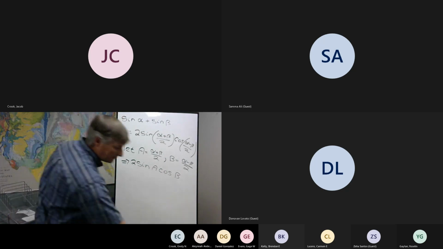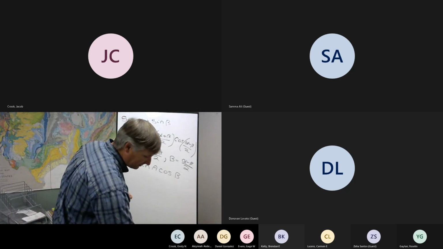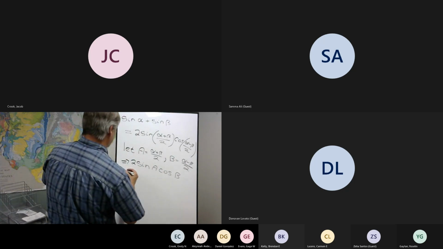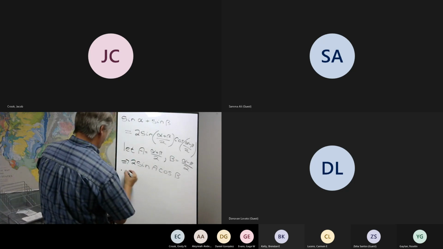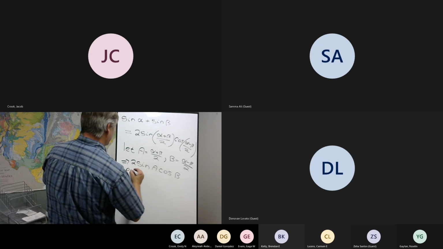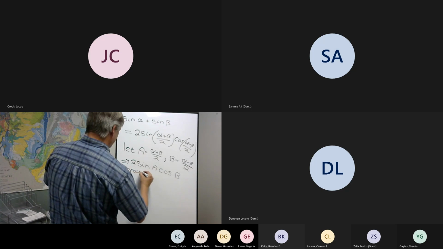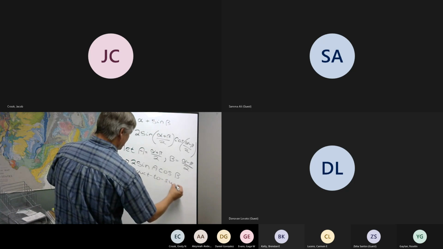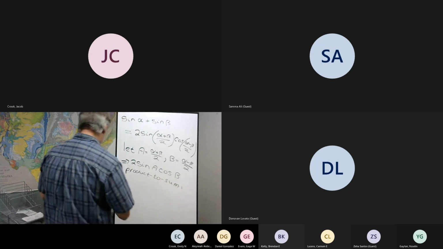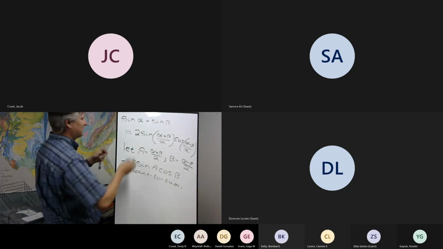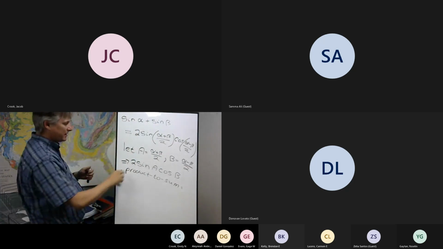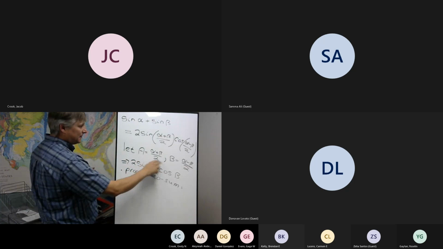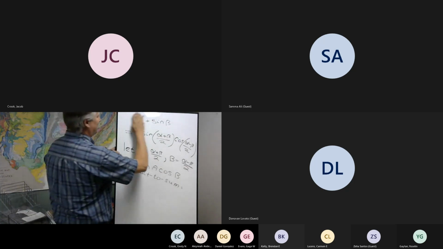Now, what we can do is, let's go back to our product to sum. So keeping in mind, we're going to have 2 sine A cosine B, where A is this, B is that.